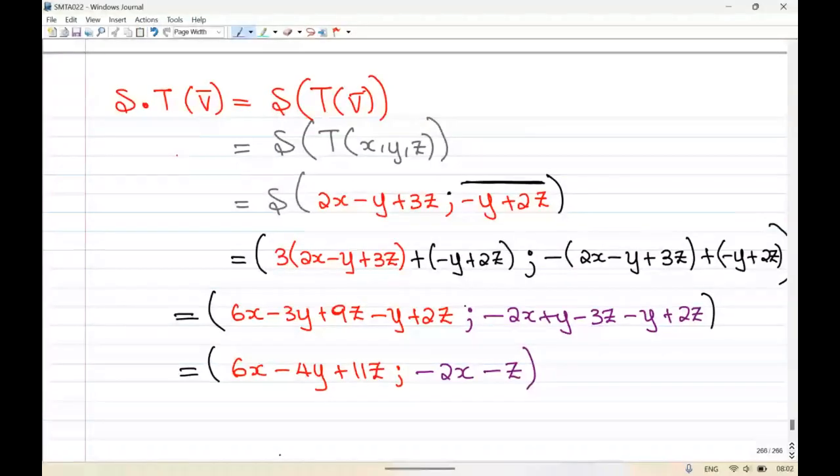Remember, our main aim is to present this in matrix form.